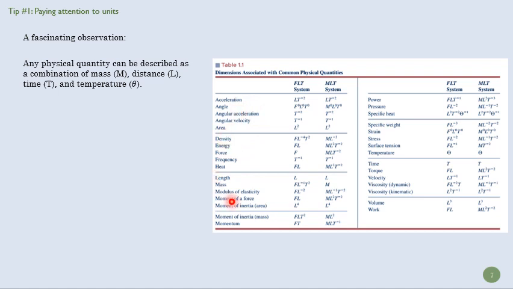Every physical quantity that we talk about in physics, we can describe using a combination of mass, length, and time. I'm sorry about that, I got my T's mixed up there. The big T is time.